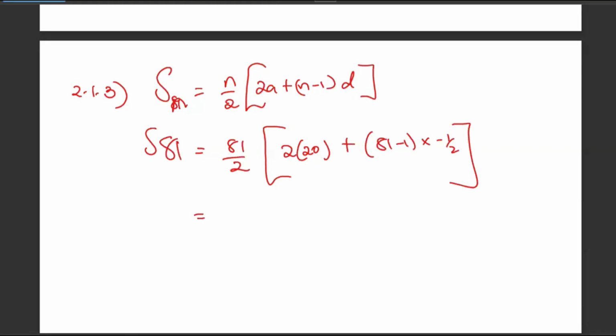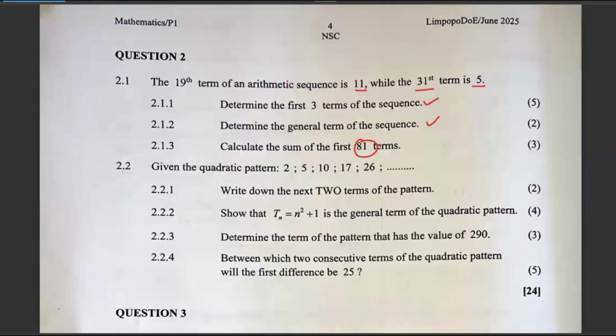I'm getting an answer of 0. That's what I'm getting. Okay. So the sum of the first 81 terms will give us a 0, since we have positive numbers as well as negative numbers.